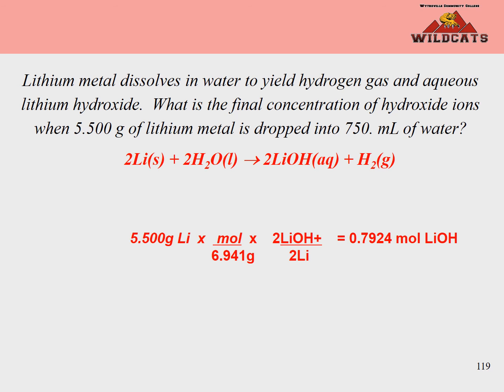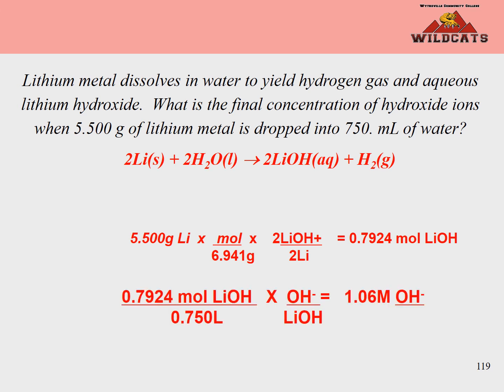We can convert it into moles, and we can find out how many moles of lithium hydroxide are produced. Remember, molarity is moles over liters. So I'm going to take that 0.7924 moles of lithium hydroxide over 0.750 liters.